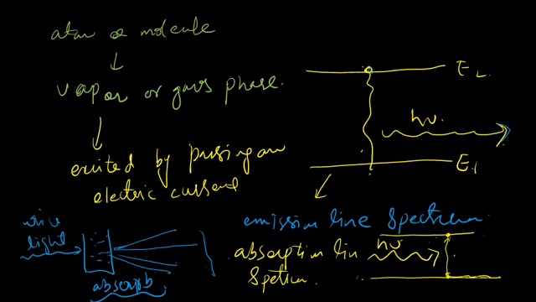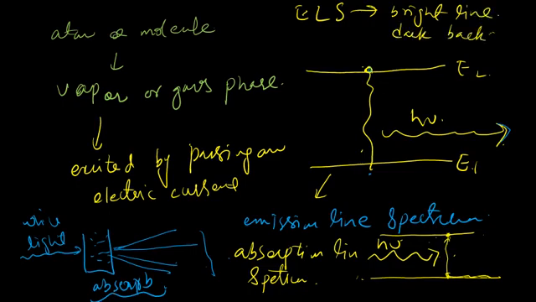The emission line spectrum has bright lines with a dark background, and the absorption line spectrum has dark lines with a bright background.